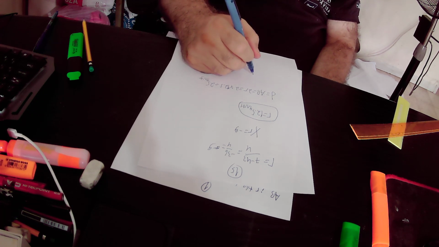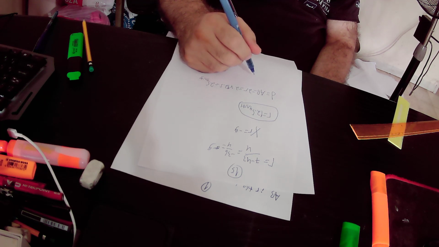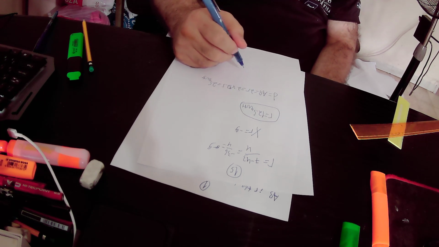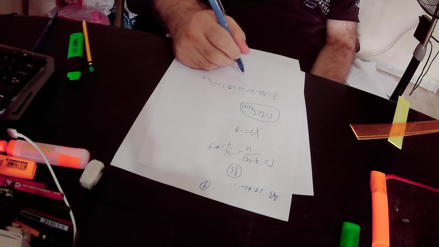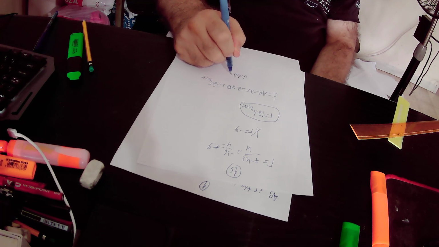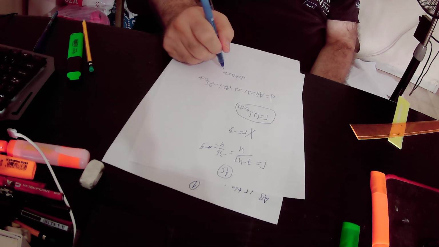Again, the answer to the question is that the diameter of the semicircle is 25 units. D equals AB equals 2R equals 25 units.